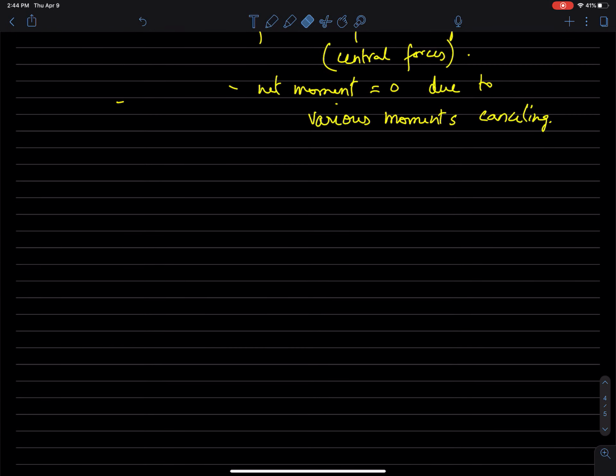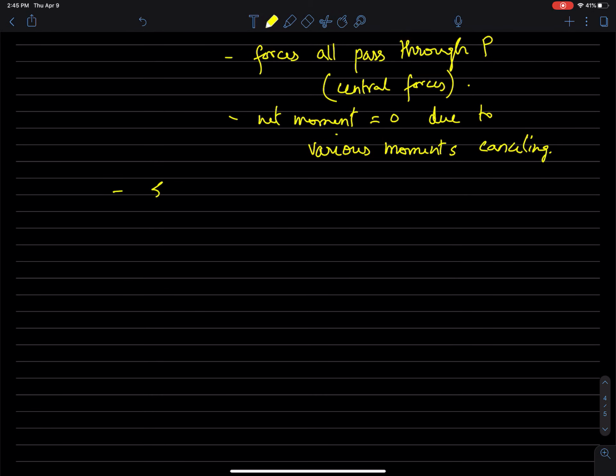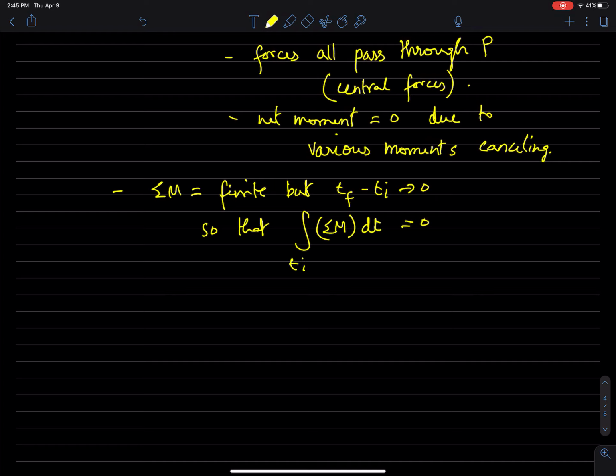Or you can have angular impulse equals 0 if sum of moments equals finite, but t_f minus t_i basically goes to 0, so that the integral of sum of moments dt goes to 0.